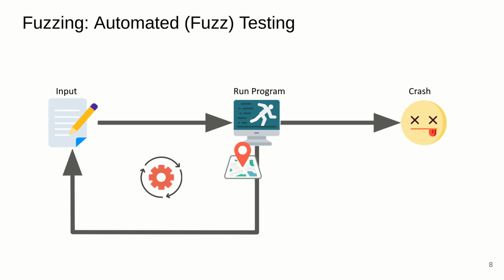was the introduction of coverage. This means that the target program was lightly instrumented to keep track of which areas of the program were executed, as in which functionality was executed.